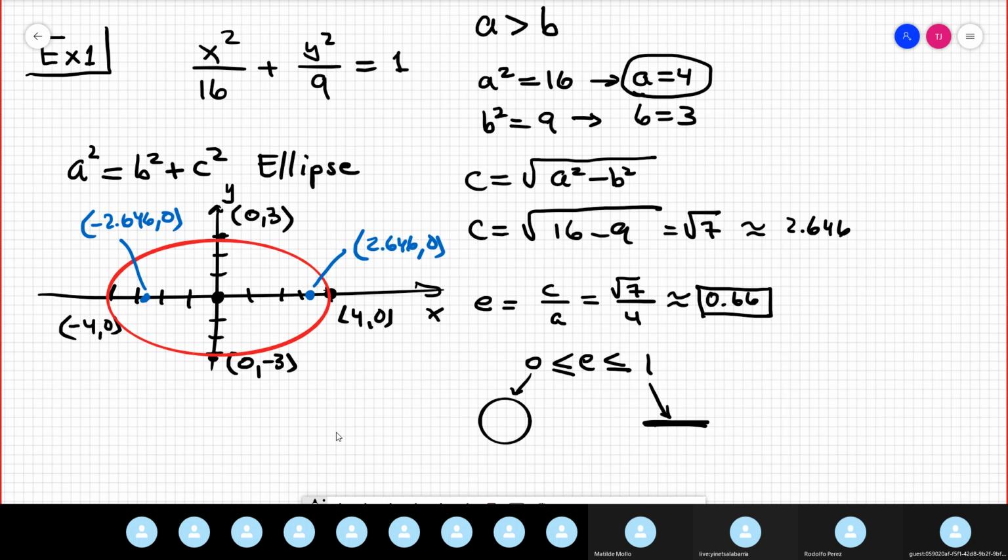Well, and one of the endpoints for the minor axis, endpoints of minor axis, is the point that in that direction is -1, -2 and 7, -2.